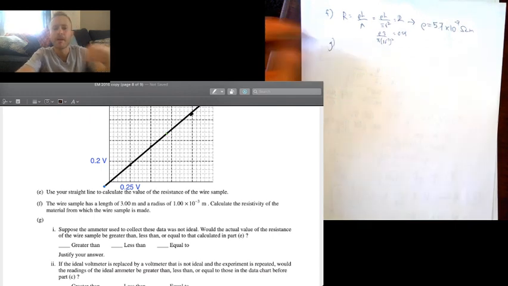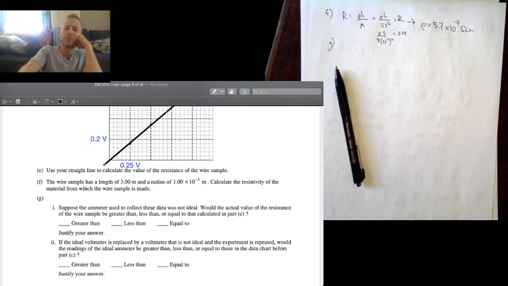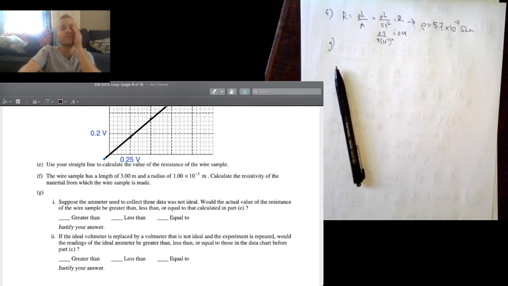G. Suppose the ammeter used to collect the data was not ideal. Would the actual value of the resistance of the wire sample be greater than, less than, or equal to that calculated in part E?